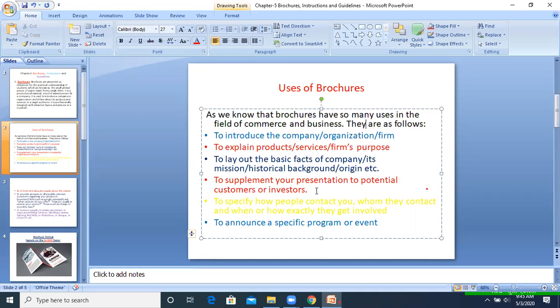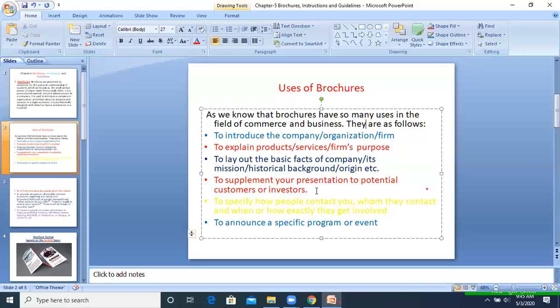To supplement means to add. Don't get any confusion here. Supplement means add. To add to your presentation to the potential customers and investors, use the brochure. That is the next use of the brochure.